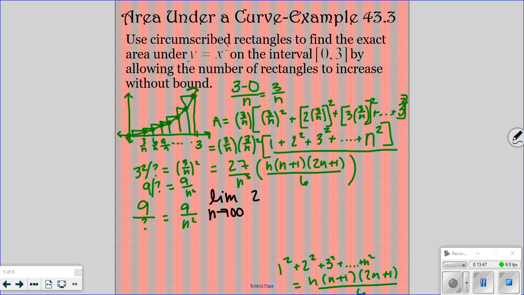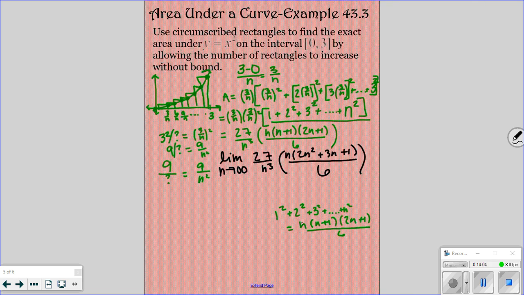And so I'm going to distribute the right side of it. I'll have n times, that'd be 2n squared plus n plus 2n, so 3n plus 1, all over 6. And then we can distribute it again. So if you distribute the limit as n approaches infinity, we can actually cancel here.